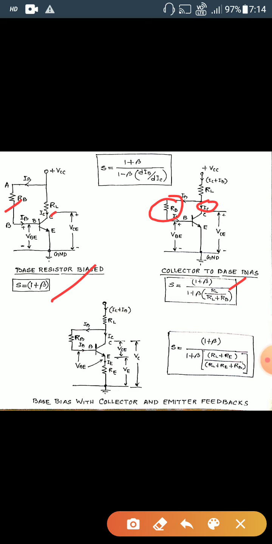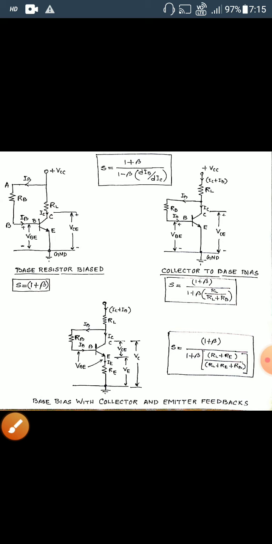If you consider the third one, the base bias with collector and emitter feedback, the upper portion is the same as the collector to base bias. They only added RE at the emitter side, which is connected to ground.